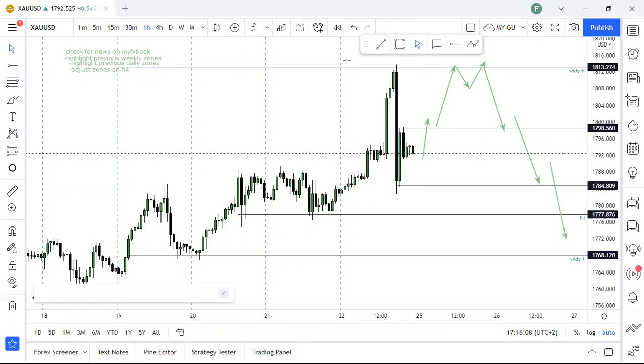Because if you look at our daily time frame, like we said, price could be ranging. There is a high that price might not want to break. You know that if you have done your higher time frame analysis.